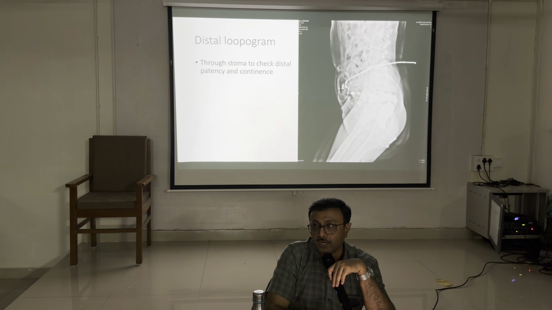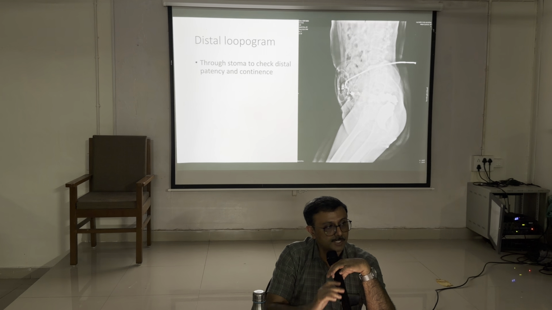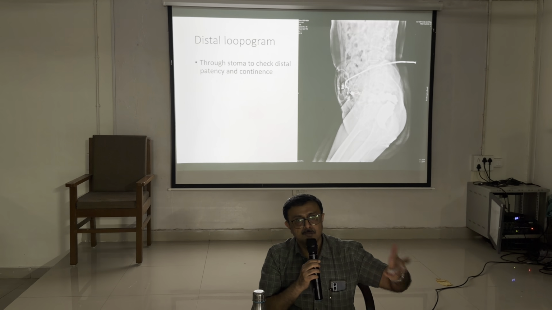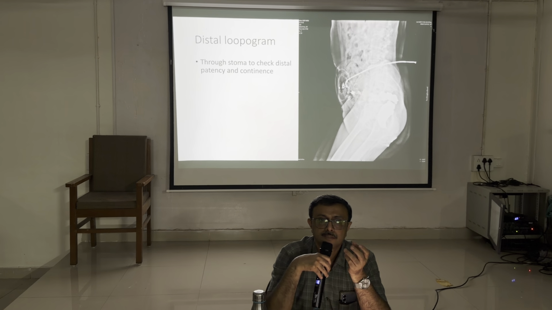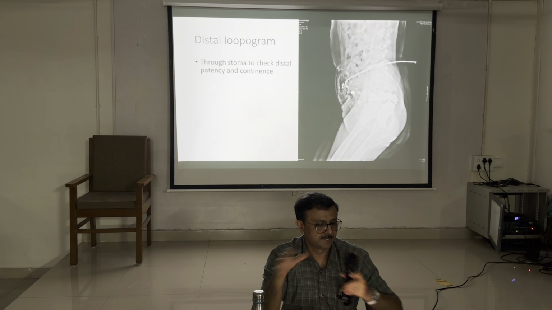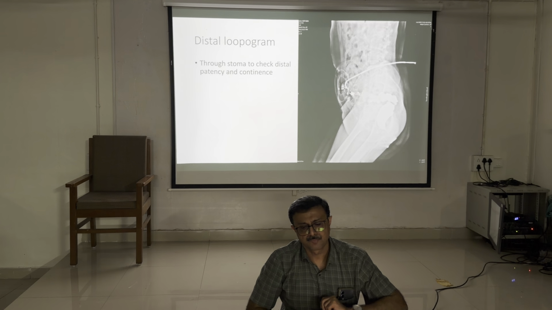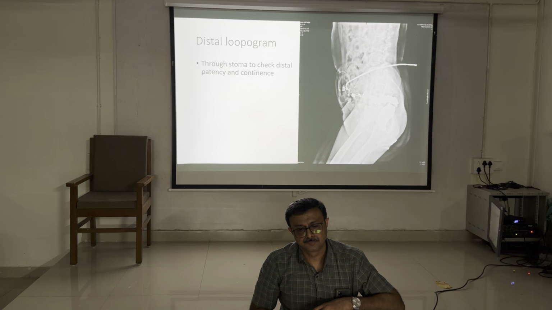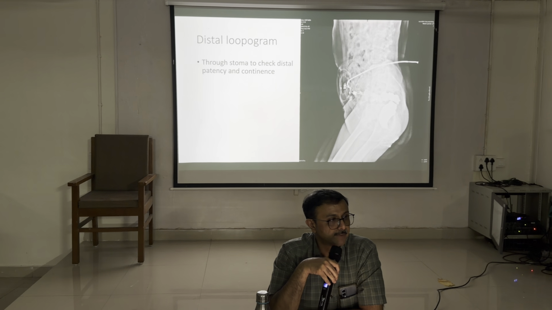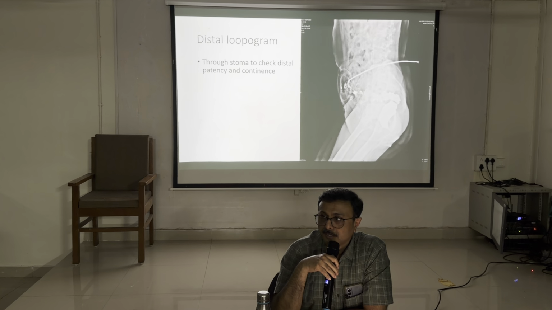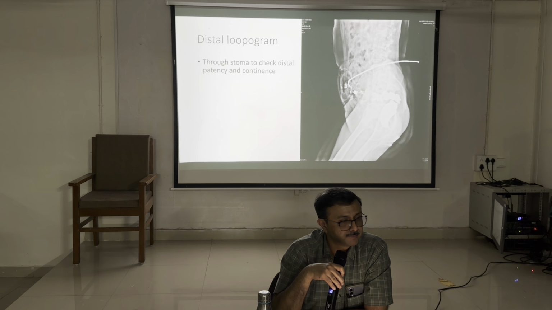This is a distal loopogram. When there is a colostomy or stoma, any temporary stoma, we plan to close it. Before that we advise a distal loopogram. Routine surgery: all stoma closure is preceded by a distal loopogram. What is the purpose?